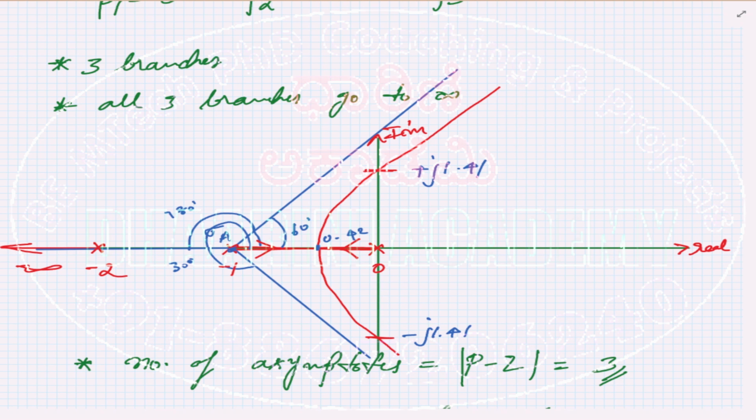Everything we needed to find, we found and we have plotted. So that's the answer, and there is no question of finding the angle of departure or angle of arrival, because there are no complex poles or zeros. Only for complex poles or zeros we have that part.